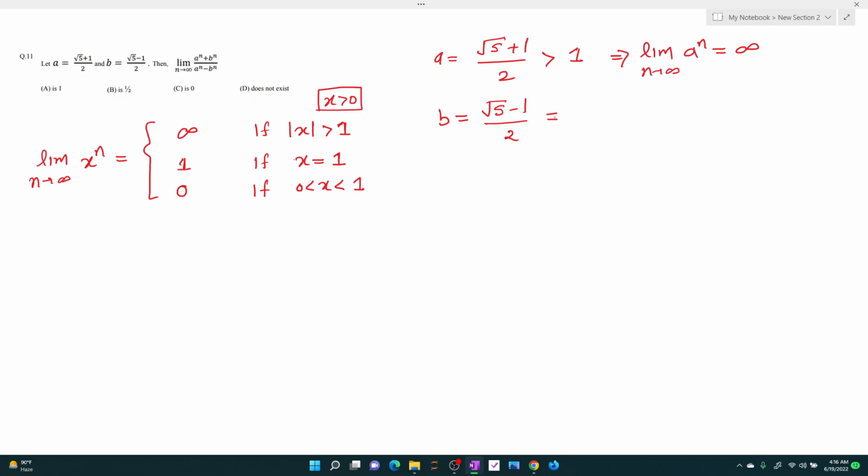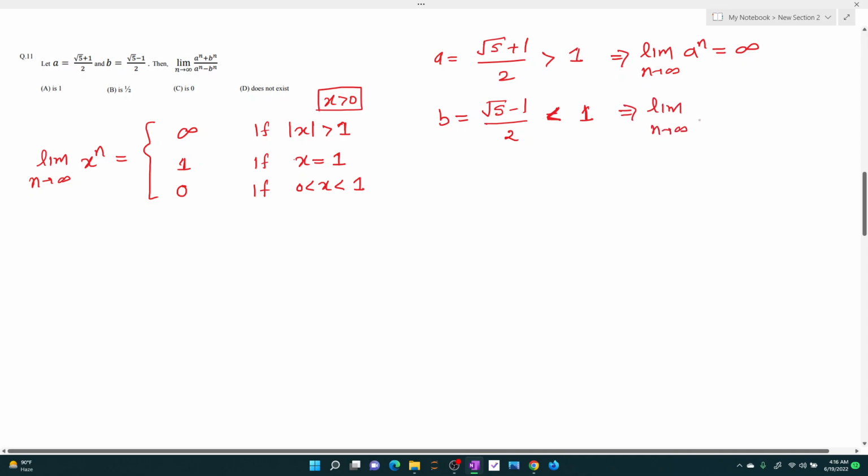So if the value of root 5 is somewhere between 2 and 3, the value of root 5 minus 1 will be somewhere between 1 and 2. And when we divide this whole value by 2, I can say that the value of b is going to be less than 1. And therefore this implies the limit as n approaches infinity of b power n is going to be 0, right? Okay, so now we will use these two conditions to solve this question.